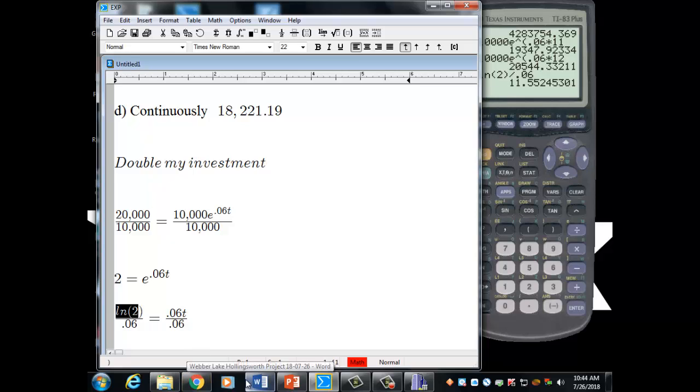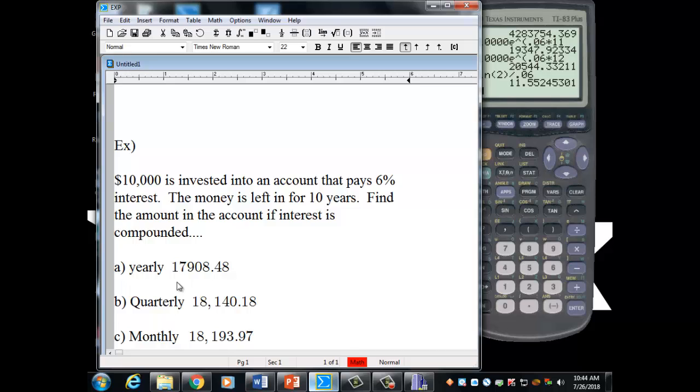And that gives rise to another formula, which is like half-life in terms of atoms, and also doubling time, which is a standard problem. How long will it take for something to double? And the answer is it's the ln of 2 divided by r.